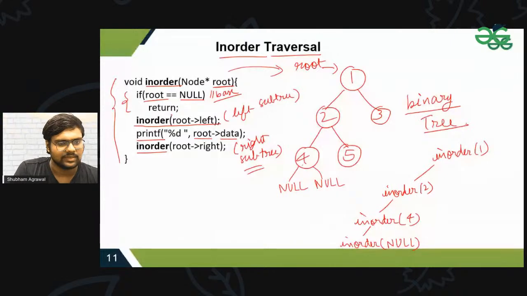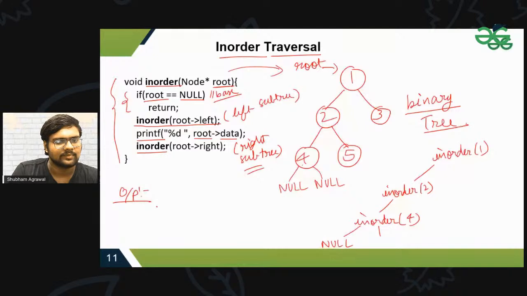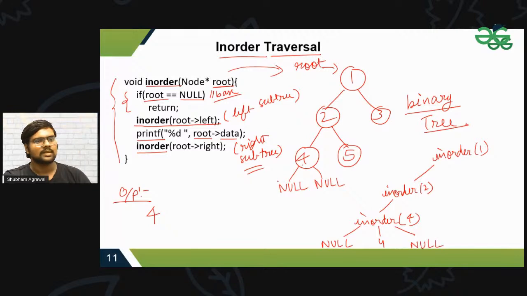Then we will first print the root's data. The root's data is 4, so 4 will be printed. Let me print the output here. Then we will call inorder of null again, so it is null and we will just return.